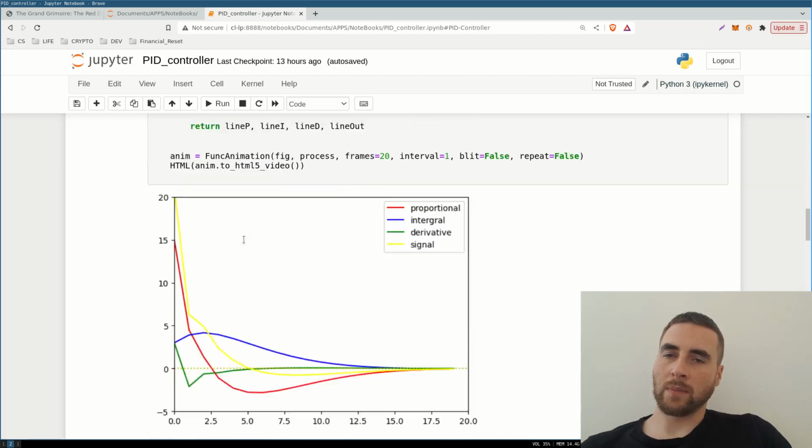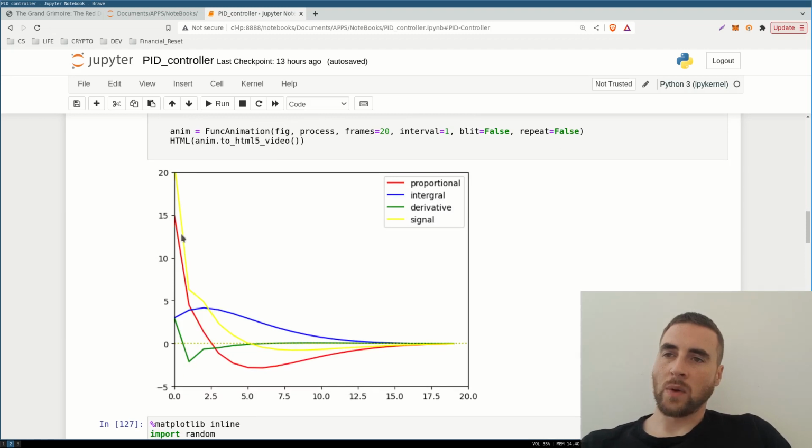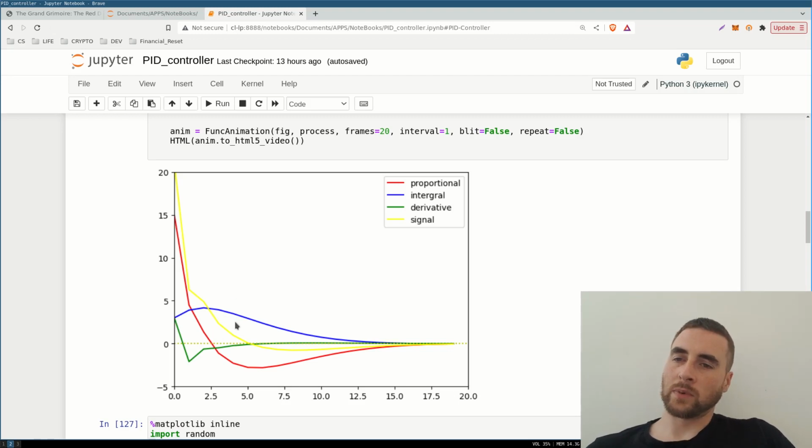So if we think about that, when we start out, the error is highly positive, but the PID controller actually makes the value overshoot the target. And then with the integral, as the deviance between the target value and the current value decreases, the line gets closer and closer to the 0 value.